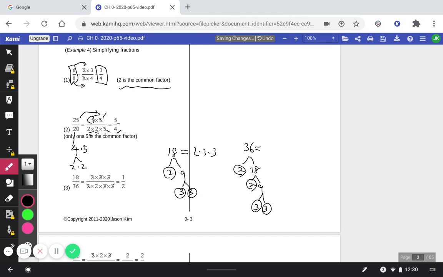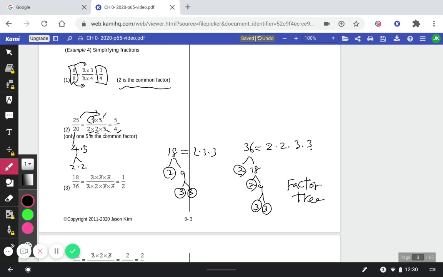So when you write 36 as a multiple of prime numbers, it ends up with 2 times 2 times 3 times 3. We call this a factor tree. When you make a factor tree, it helps you to represent the number as a multiple of prime numbers only.